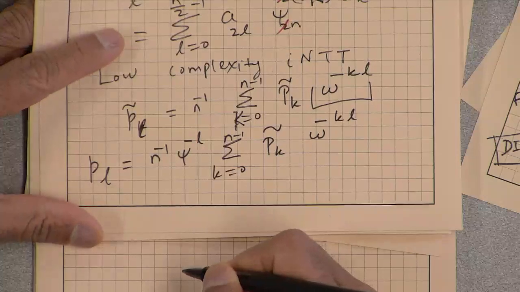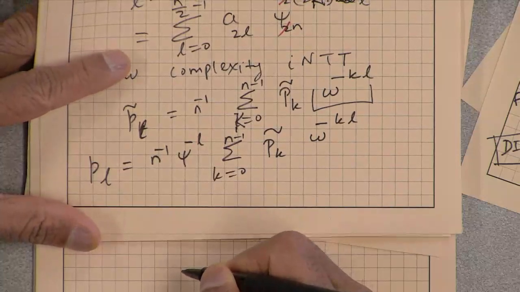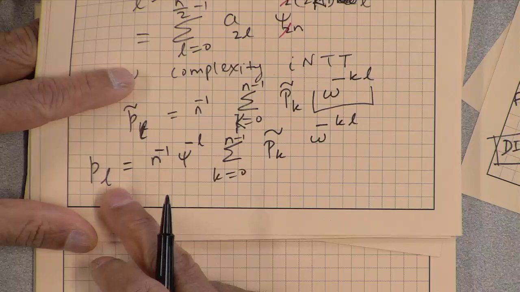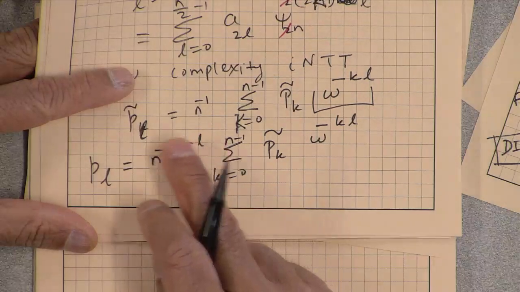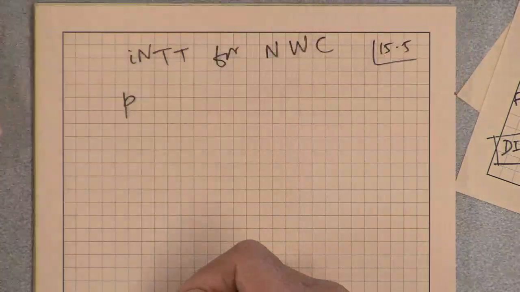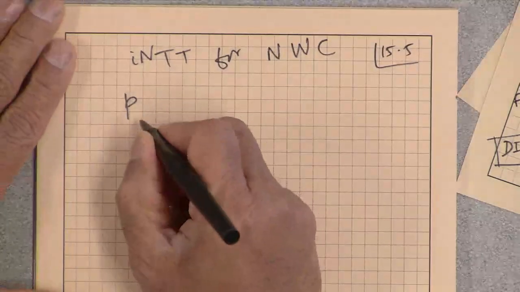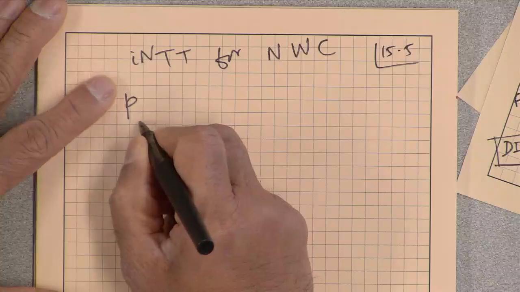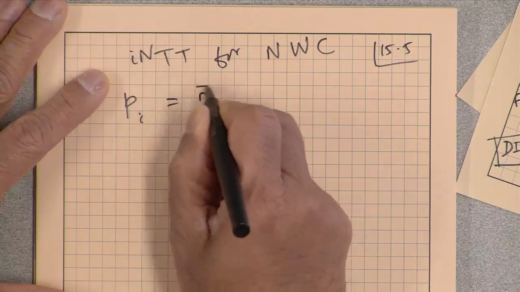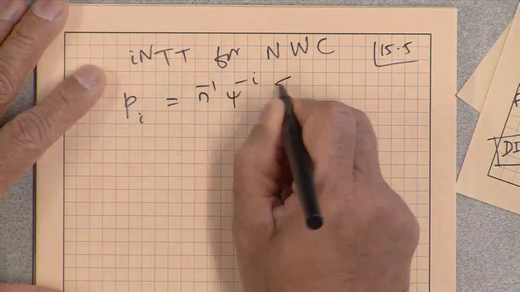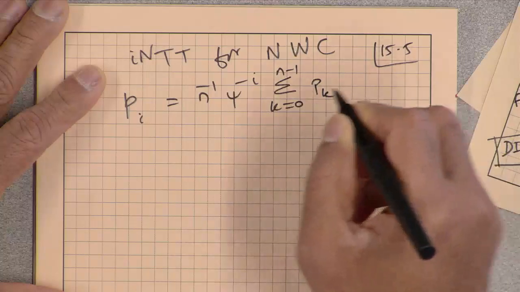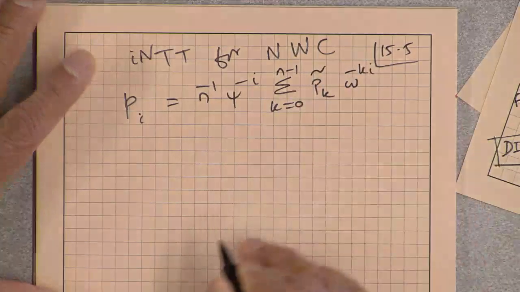We can express the standard inverse NTT matrix. And then if you think about this post-processing, that P L is psi to the power minus L times this whole thing. So we can write down P i is equal to n inverse psi to the power minus i.